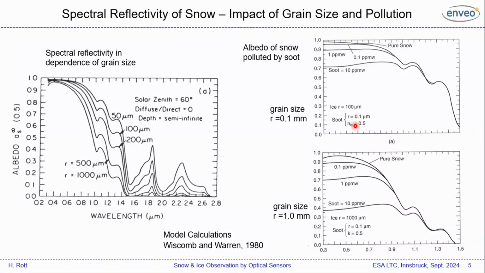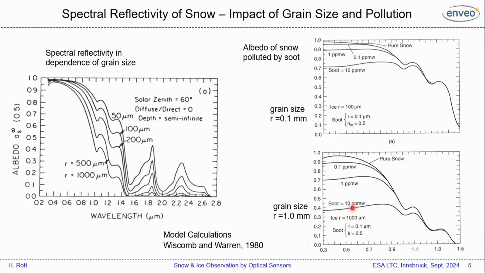And you can see that in the case of soot, we have, for example, in the green wavelengths, 0.7 reflectivity with 10 parts per million of volume, and here we have only 0.4.